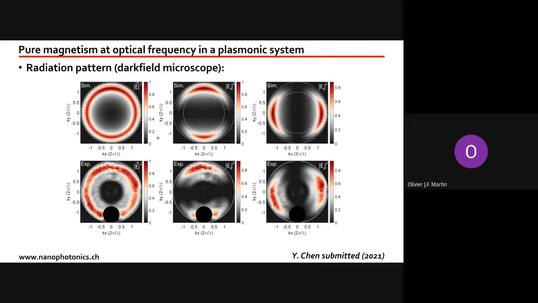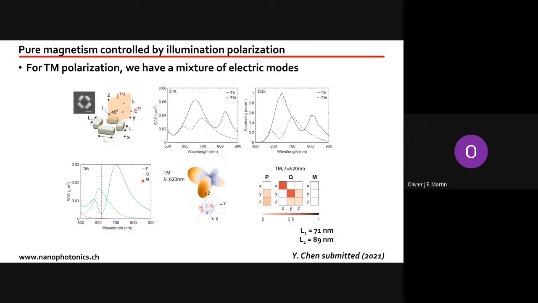And if you look at different polarization, X or Y polarization, you see these patterns that turn around. So you really have something that is radiating like a circular beam, if you like. If you change the polarization, if you go with the transverse magnetic, then you excite, in that case, mainly the electric quadrupolar mode, and the magnetic dipole is pretty much nonexistent, and there is a little bit of electric dipole as well.